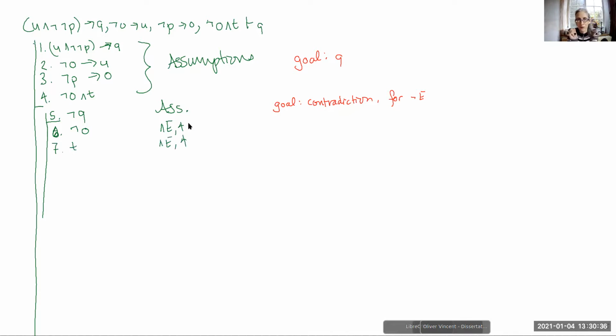Now we've got a whole bunch of atoms and negations of atoms. So a good thing to do is ask yourself, where else do these occur in our proof? We've got Q in line 5 and also in line 1. We've got O in line 6 and in line 4 and in line 3 and in line 2.